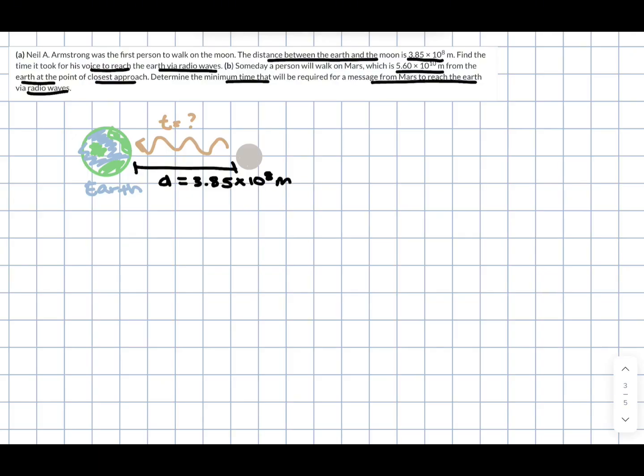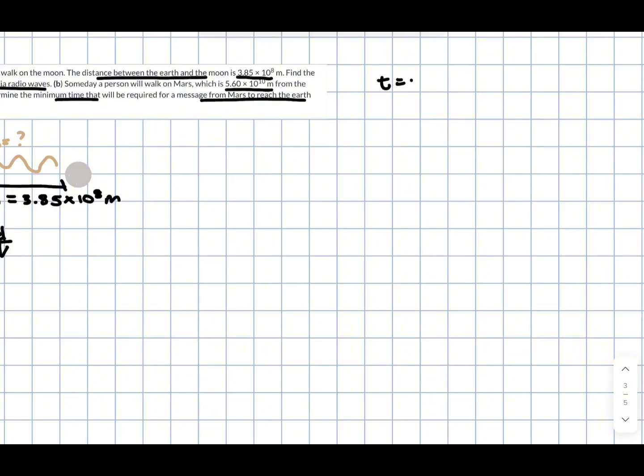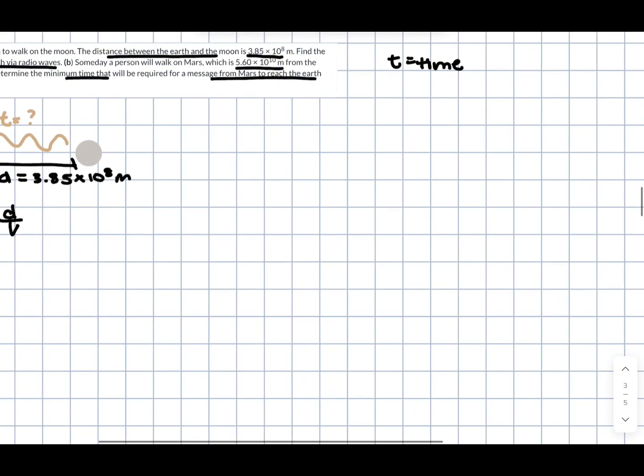So first, we know the equation we're going to use is our t, our time, equals our distance over the speed of light. And I think it's important to go ahead and define some things. So we know t is time. SI units for t are going to be our seconds.